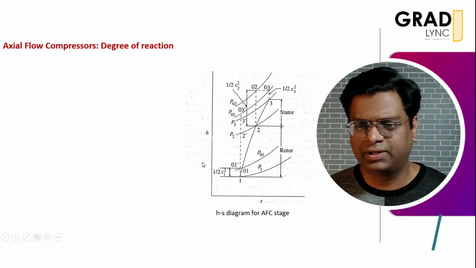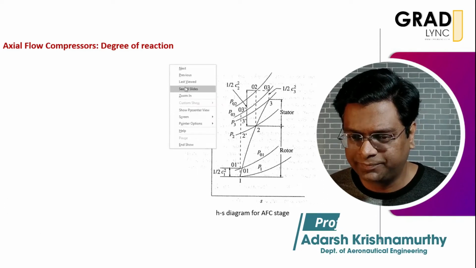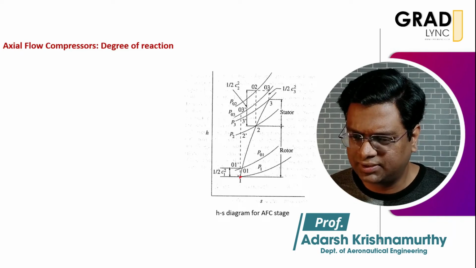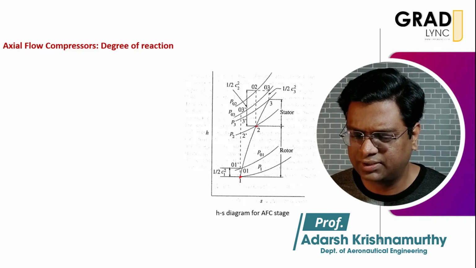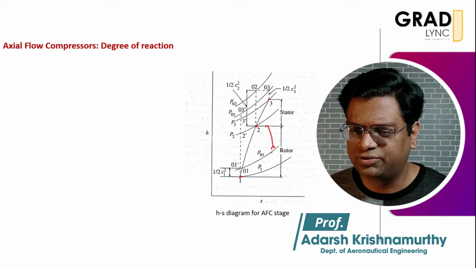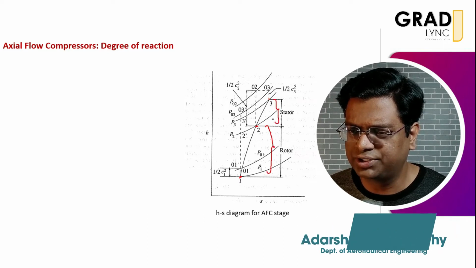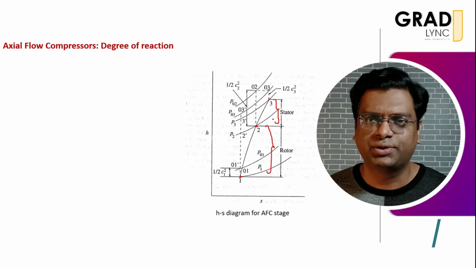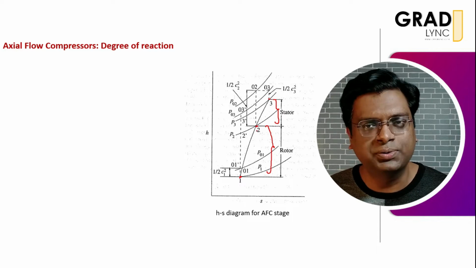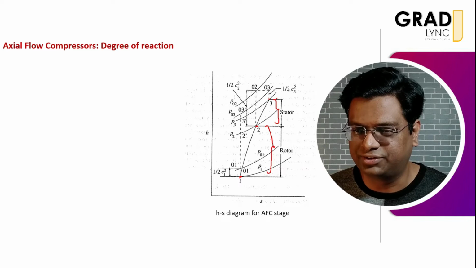So we will have a quick revision of the HS diagram, that is the enthalpy entropy diagram. As we discussed in the previous session, the process starts from state 1, goes to state 2 and then reaches state 3. So 1 to 2 is the rotor stage and 2 to 3 is the stator, right? The air enters the rotor and leaves the rotor at point 2, and enters the stator at point 2 and leaves the stator at 3.